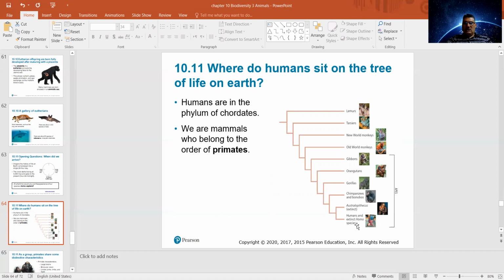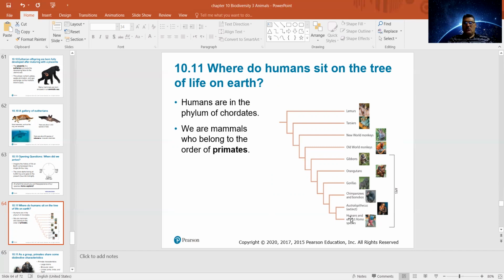These are considered apes. So here is the chimpanzee and bonobos, and this Australopithecus. These are already extinct. They disappeared. We don't have them anymore. And then humans. And Homo sapiens, the rest of the Homo species, they disappeared as well.